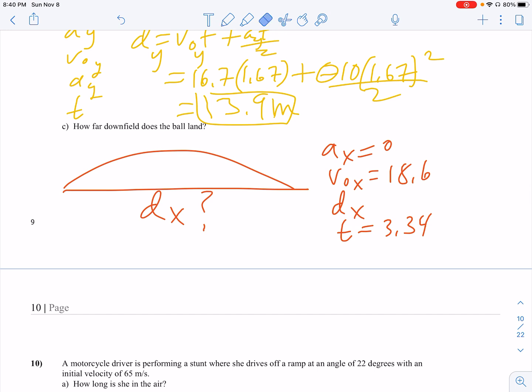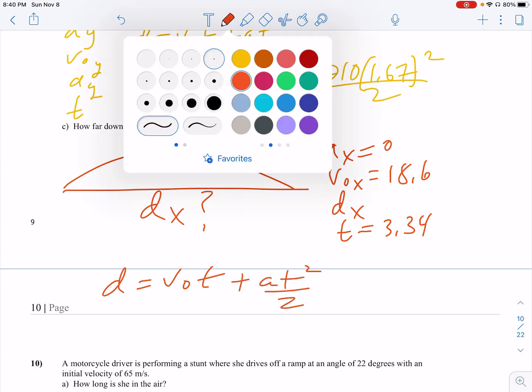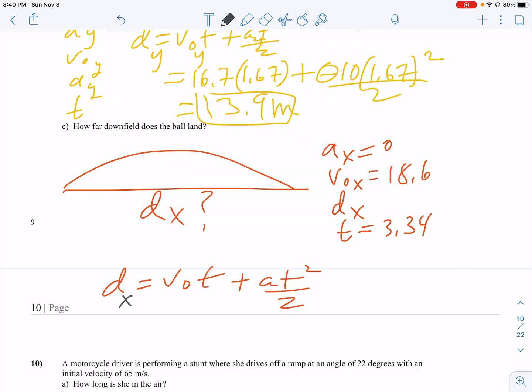And so I should have enough here. d equals v0t plus at squared over 2. I'm using only the x values, right? So that cancels this out because ax is 0. So very simple.